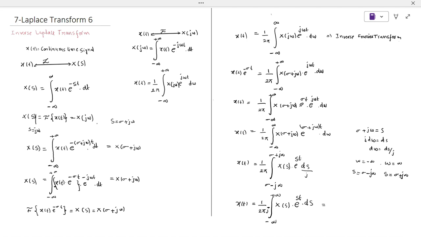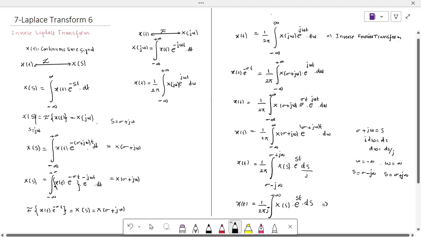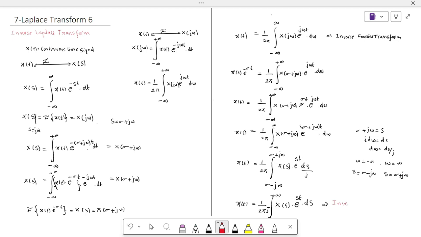So this is the inverse Laplace transform.